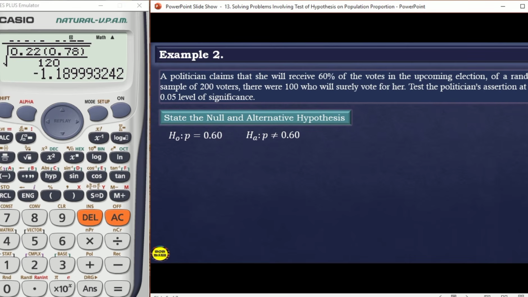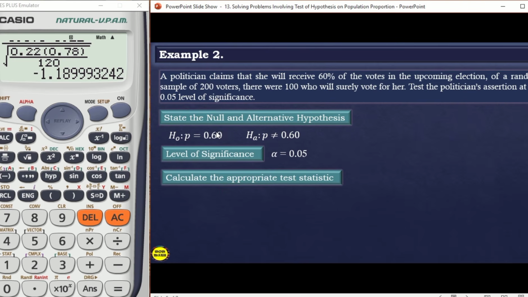After nung null and alternative hypothesis, after natin ma-formulate, anong next? Level of significance. So, sa level of significance, kita naman dito sa problem that is 0.05. Then, calculate the test statistic. First, identify the given data. We have, yung X natin 100, the population proportion is 0.60, and then the sample size is 200.